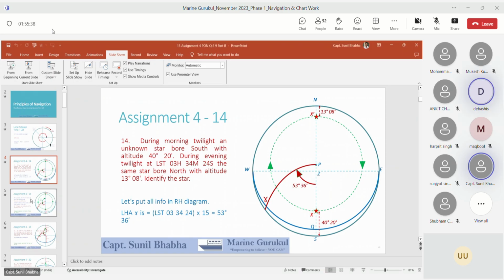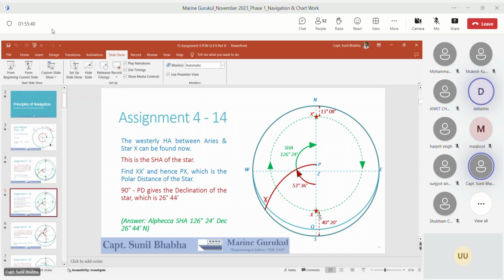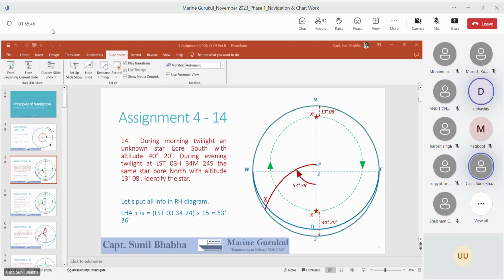One more question, sir. You said morning twilight and evening twilight, so my X will be in which meridian? No beta, forget about the meridians. Just focus on what the question is telling us. The question says in the morning twilight the star was bearing south, altitude 40°20'.